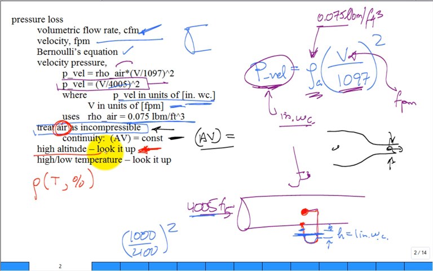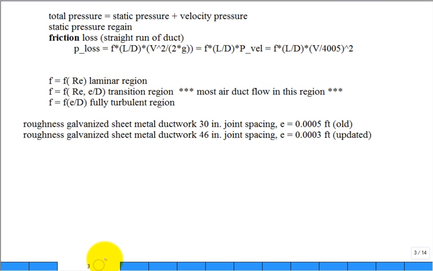Don't use things at sea level like you're doing the work in Corpus or Houston. That's sea level. But if you're going to work up there, look it up. They have different tables and different computer codes. You have to put in the altitude that you're at. And if you're especially at high and low temperatures, take it into account. But a lot of stuff, where temperature variation's not that much, the density is constant.